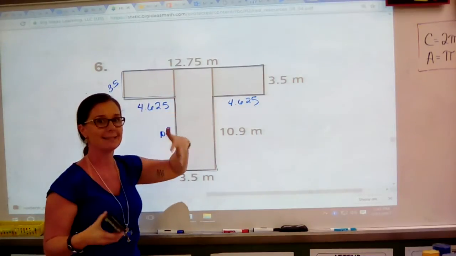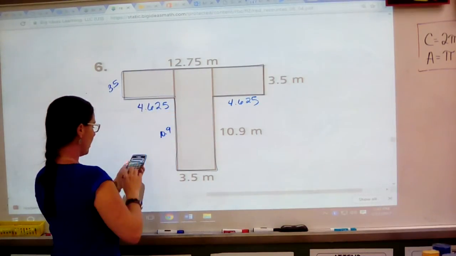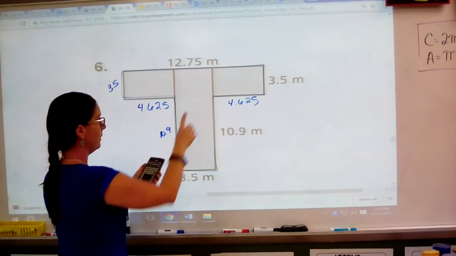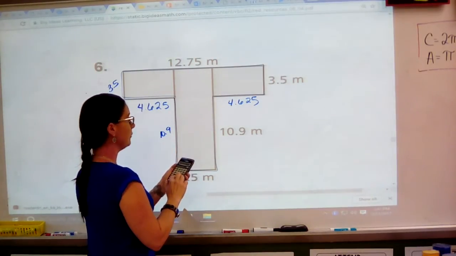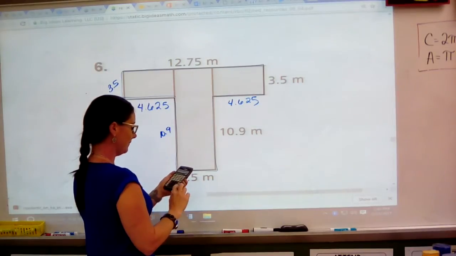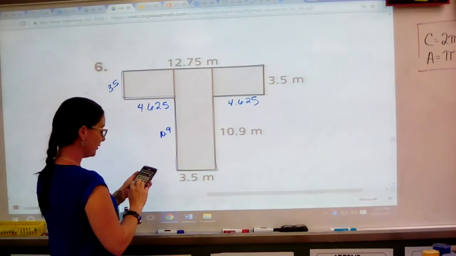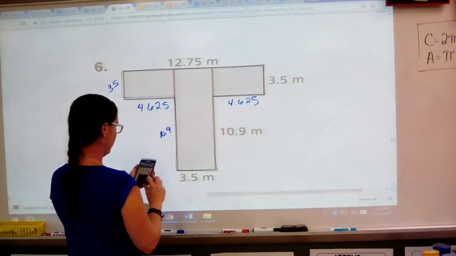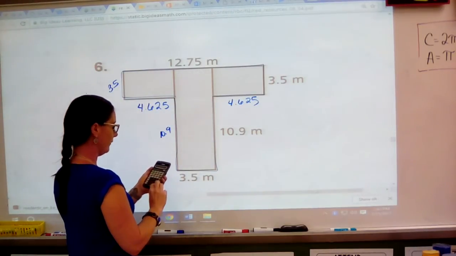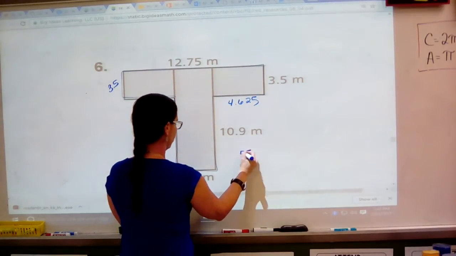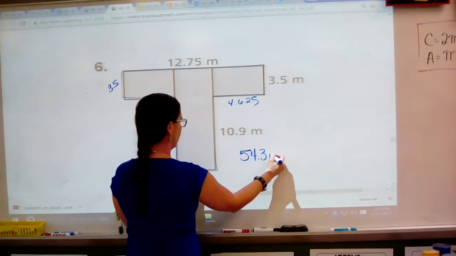I'm not fencing inside. So I would have 12.75 plus 3.5 plus 4.625 plus 10.9 plus 3.5 plus 10.9 plus 4.625 plus 3.5. So you should get 54.3 meters as your perimeter.